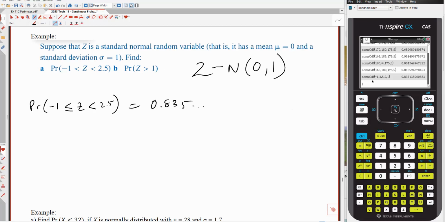All right, probability that Z is greater than 1. I probably know this one, so here's 1. So that's going to be all of this part here above 1. So that's going to be 100 remove 68. So that's this part here, equals 32. So it's going to be 16. So the answer to this, probability that Z is greater than 1, should be 0.16 something or the other.